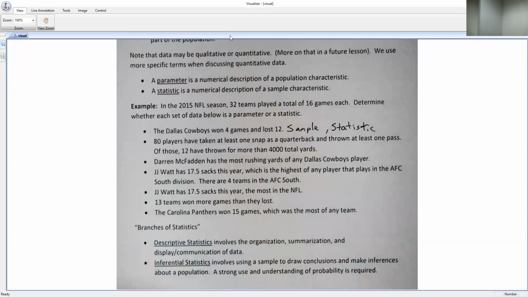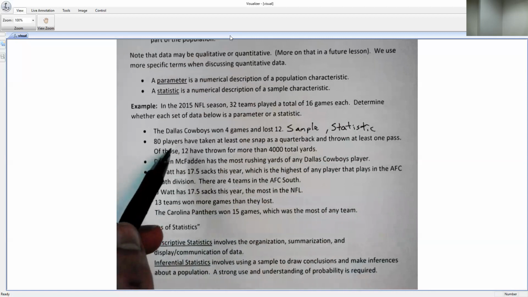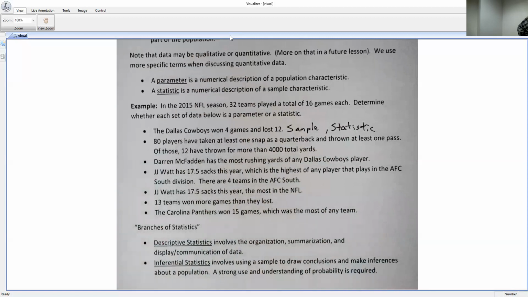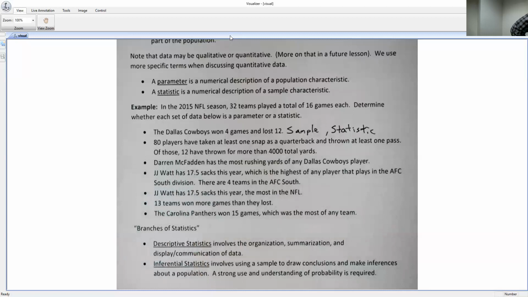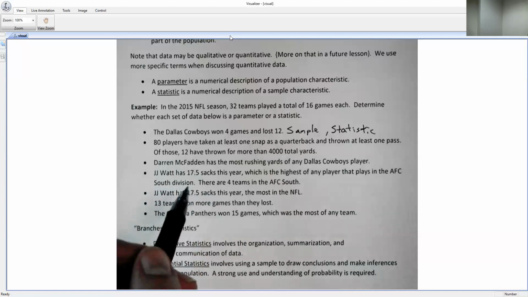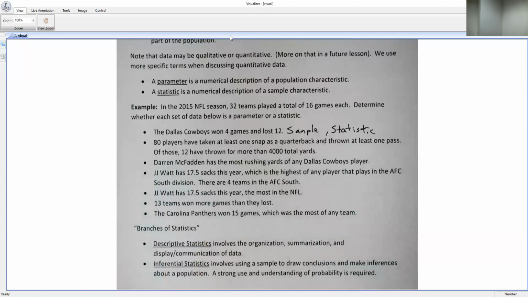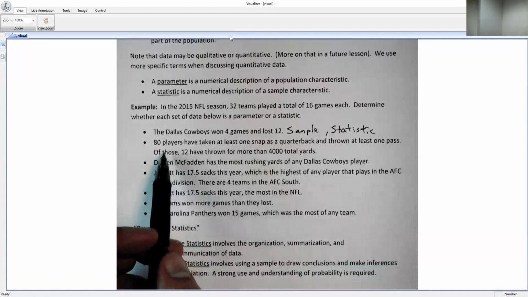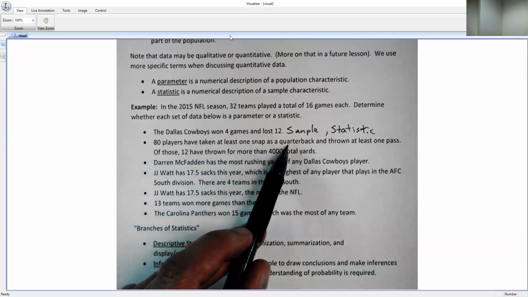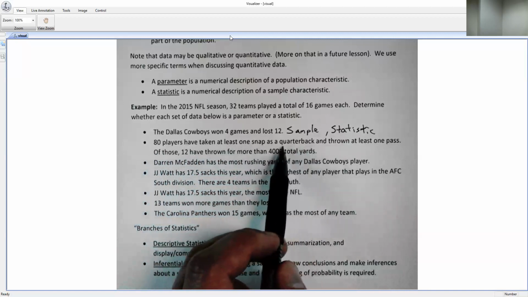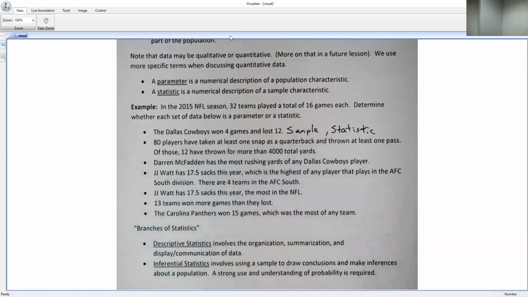Okay. Next example, 80 players have taken at least 1 snap as a quarterback and thrown at least 1 pass. And of those, 12 have thrown for more than 4,000 total yards. Okay, now we haven't said anything about all the teams, but we can infer that this is talking about all the teams, all the games, all the seasons. We're given 80 players have taken at least 1 snap as a quarterback, and we can infer that that's information about every single team in the league.